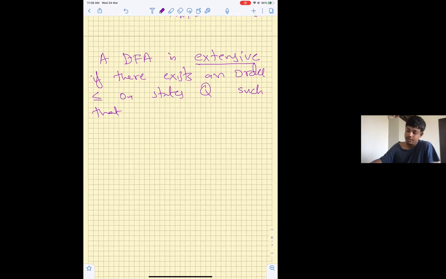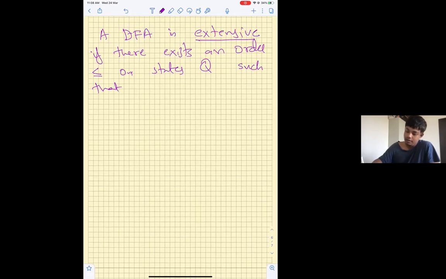The order on states Q says that for every letter A in the alphabet, P is less than or equal to P dot A, for each P.